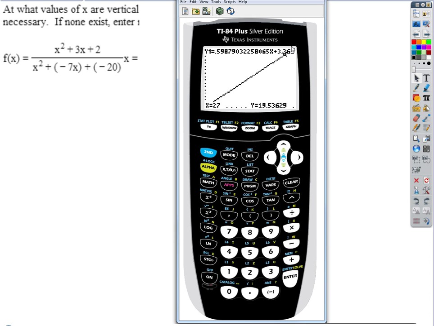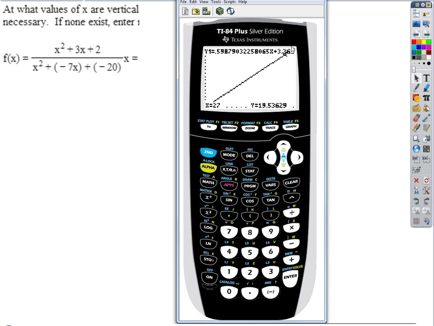Zeros of the denominator, but not the numerator, right? Shared zeros, top and bottom, are not going to be vertical asymptotes. What are they going to be? Poles, yeah, different, right? So if I get shared zeros, those are not what I'm looking for. I'm looking for unique zeros of the denominator, right? So what's probably the easiest way to go about finding them on a graphing calculator?